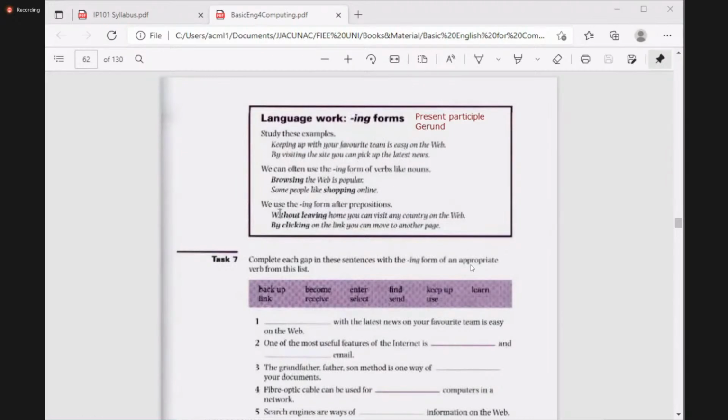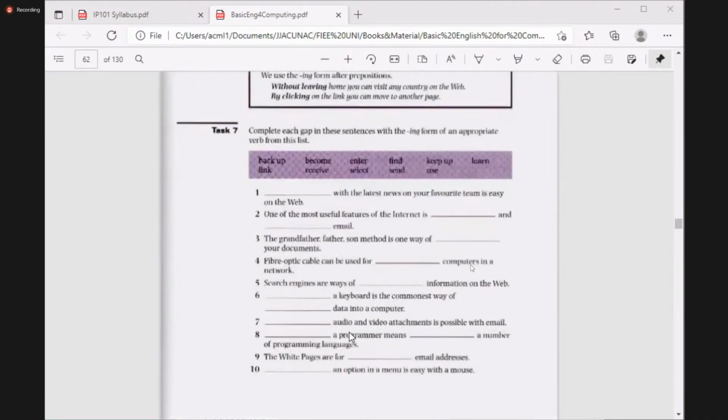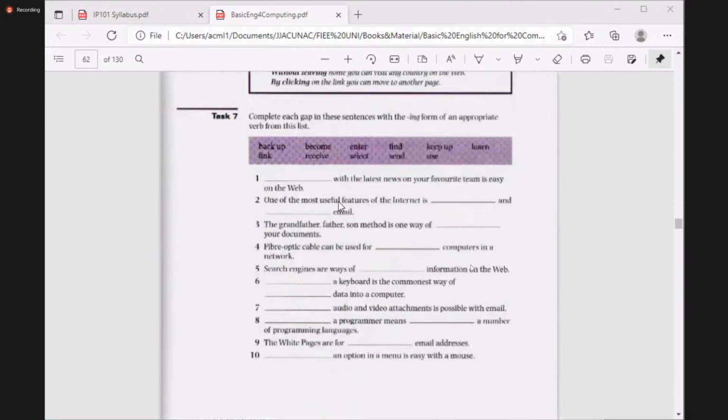Expressing likes or dislikes. Now, we have to complete each gap or each blank with our verbs in the ing form. Let me see. They say we have to use these verbs: back up, become, enter, find, keep up, learn, link, receive, select, send, and use, so that we can express these ideas.